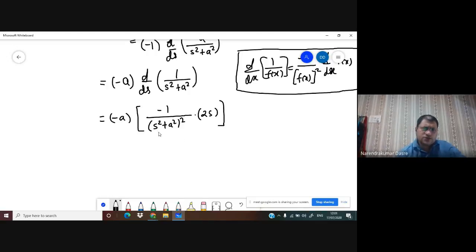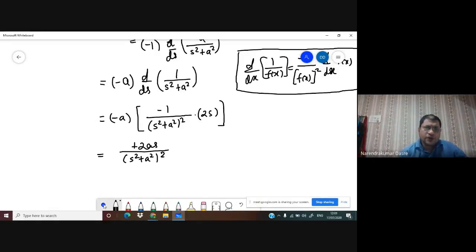For this s square we get the derivative, so it is going to be 2s. Now I'll be having minus 2as, this minus and this minus will become plus. So I'll be having plus 2as in the numerator, and in the denominator (s square plus a square) bracket square.